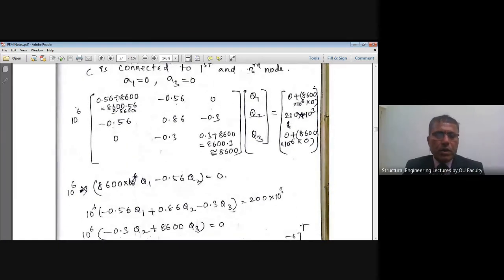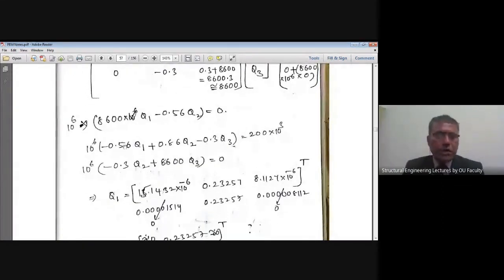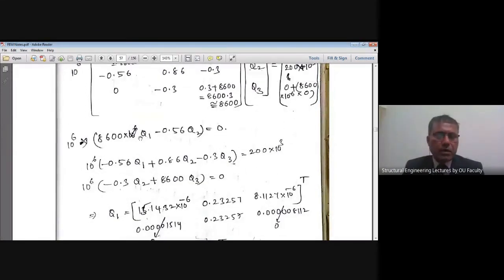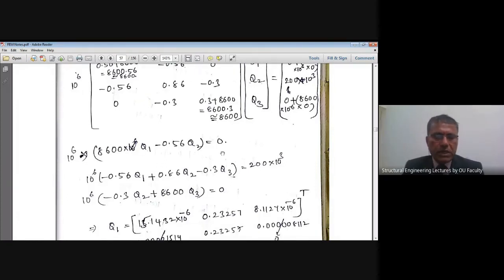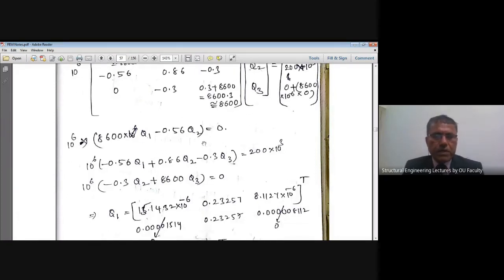I think now it gives three simultaneous equations, right? Operating this row over this column, you'll get the first equation. Operating the second row over the column, you'll get the second equation, and operating the third row, you'll get the third equation. These three equations are respectively shown here.